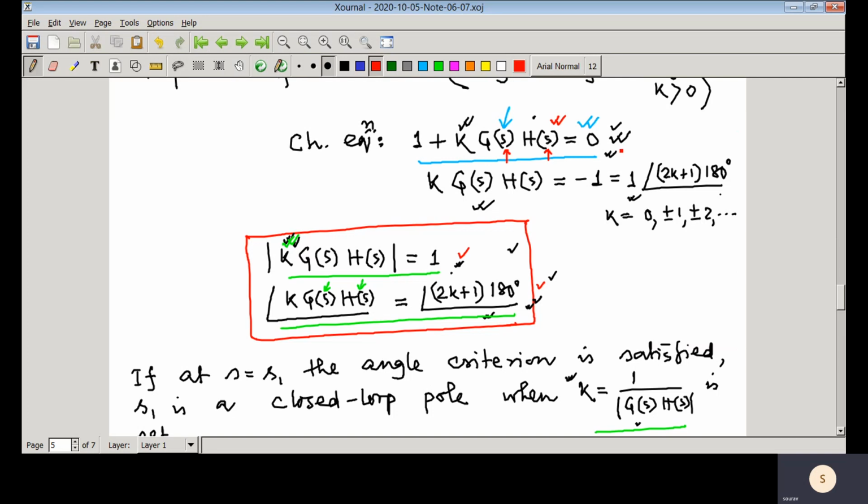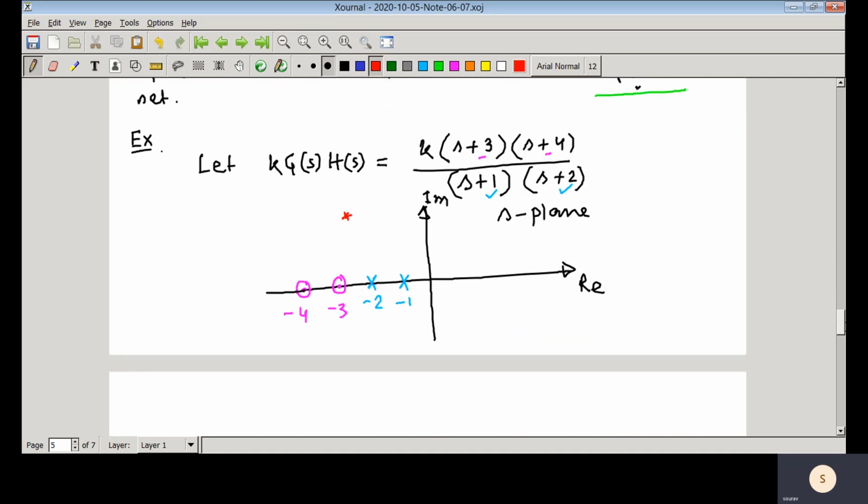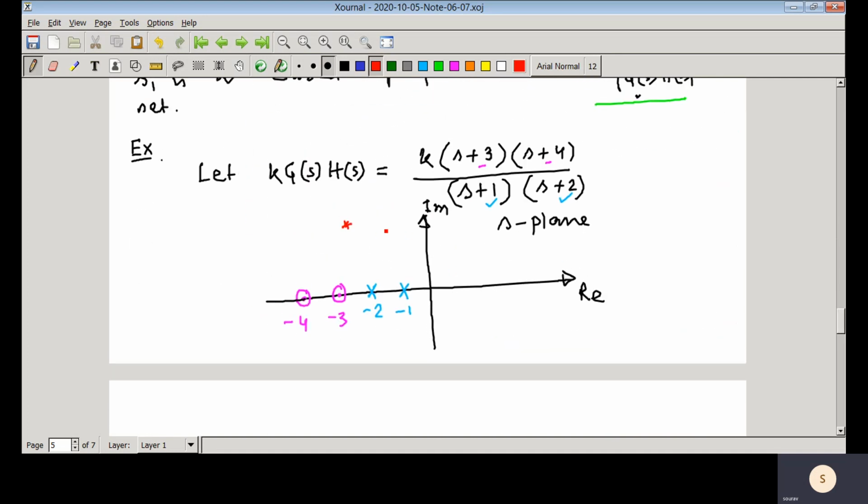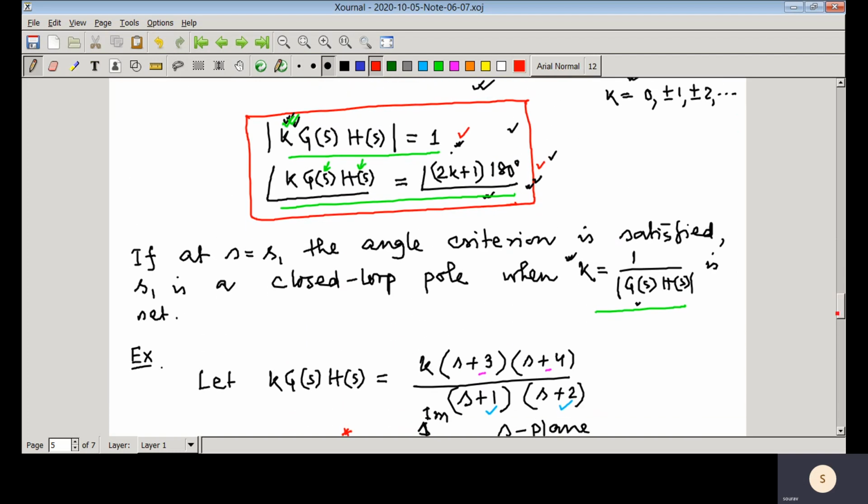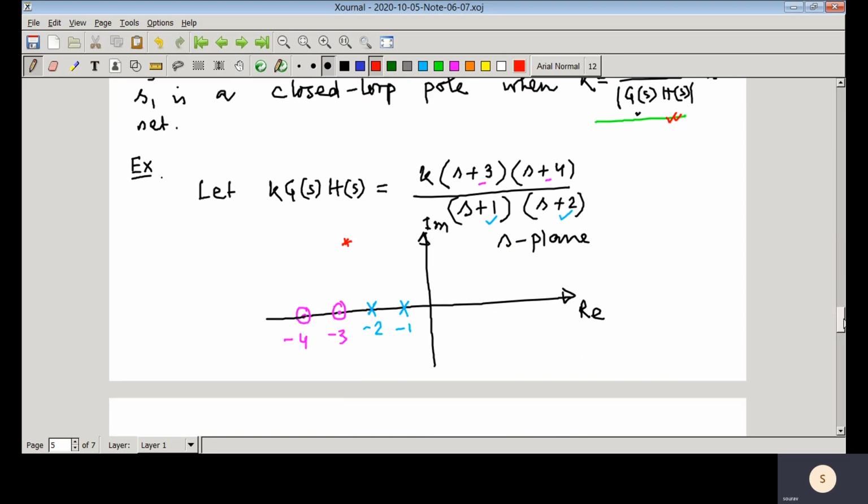Then we would say that this value is a root of that characteristic equation corresponding to a value of K. So if we take a particular point in the S plane, then when this particular point satisfies the phase condition, because we have seen if it satisfies this phase condition, then we will get a value of K so that this gain condition would be satisfied.